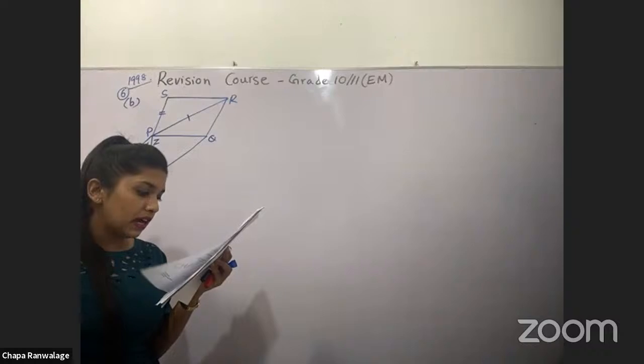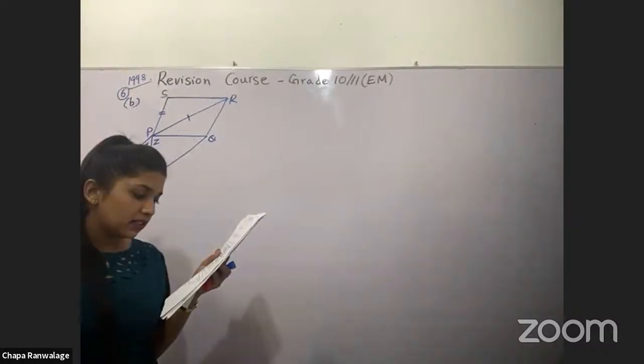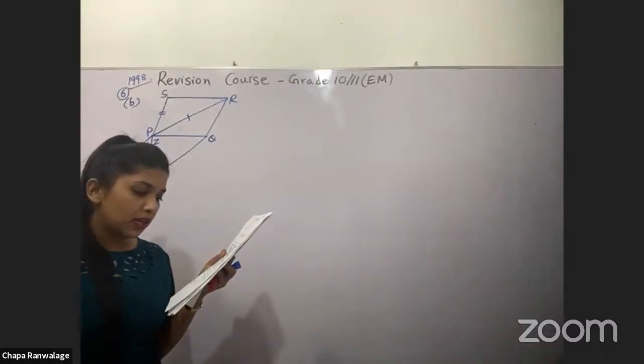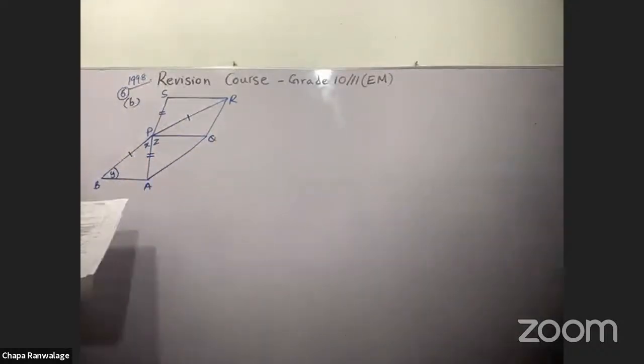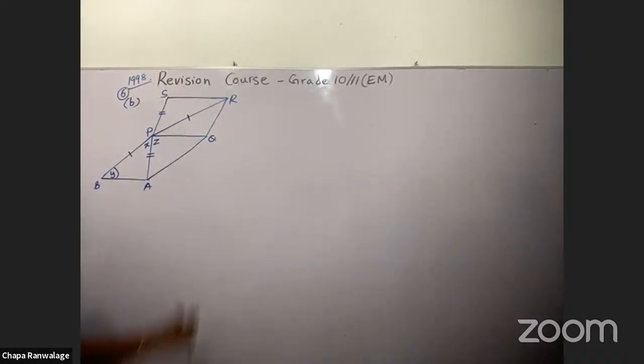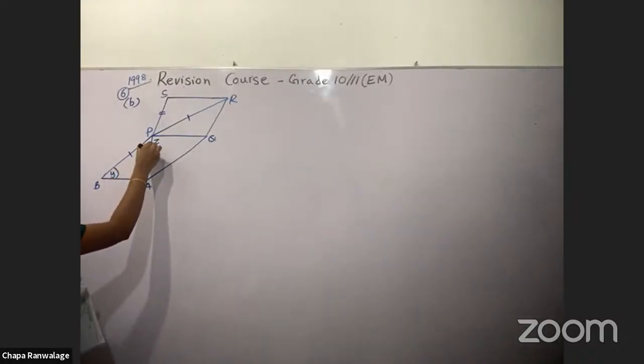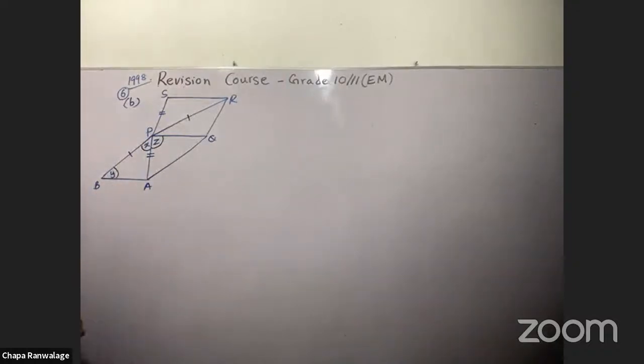The diagonal PR of the parallelogram PQRS is equal to the side PB. The diagonal PA of the parallelogram is equal to PS. Okay, this one. Right? These angles are given. This is X, this angle is Z, and this is Y.